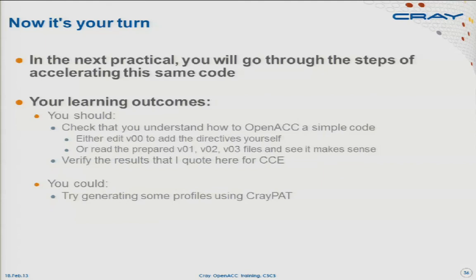So you've got the 4 versions of the code, and if you want, you can just look at it, see the results of running it. But really, you should go in and have a look at it and start to see what's going on. Maybe even try generating some profiles to see some of these numbers yourself. But we'll do that this afternoon. So, are there any questions?